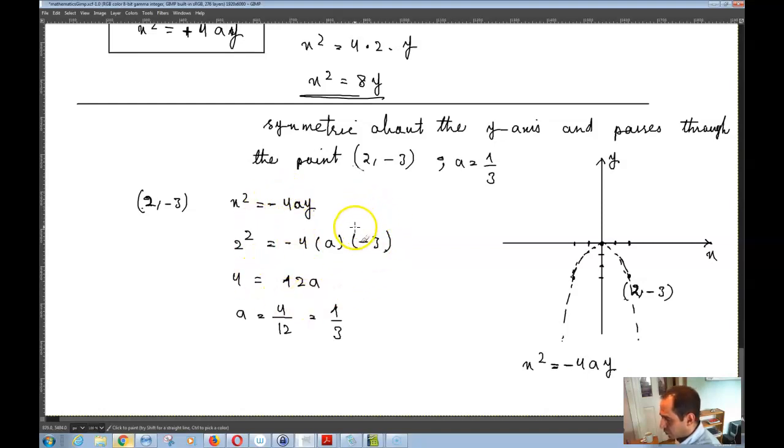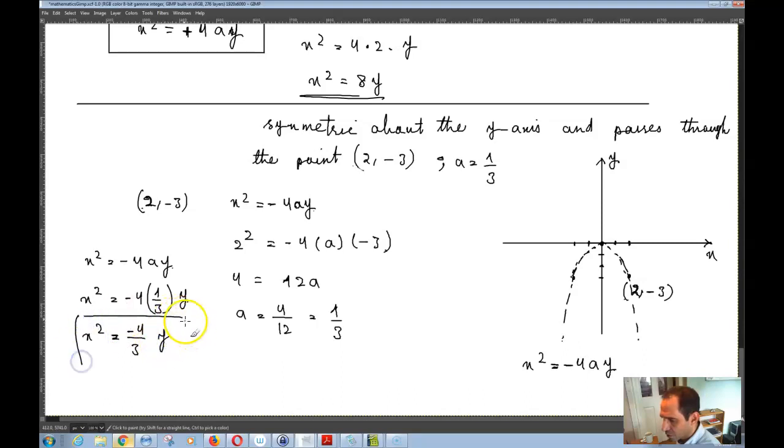Now if a is equal to 1/3, then of course you can substitute this back in this equation, meaning that you can write x squared is equal to negative 4ay, and if a is equal to 1/3, you can write x squared is equal to negative 4 times 1/3 times y, which is x squared is equal to negative 4/3 y.